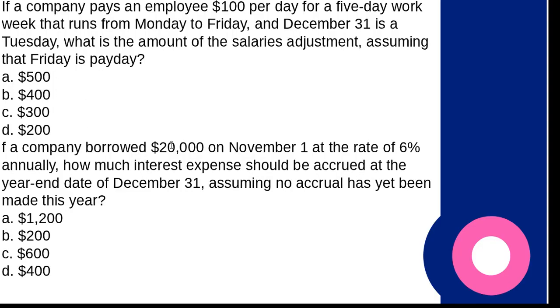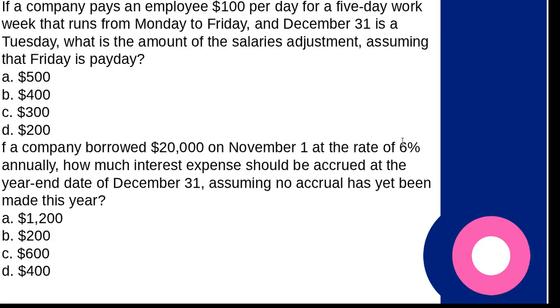A company borrowed $20,000 until November 1st at the rate of 6% annually. How much interest expense will be accrued at the year end? These are good questions, and that one is a very good question. November 1st, so it means that loan has just been used in the months of November and December, 2 months, but the interest is 6% annually.